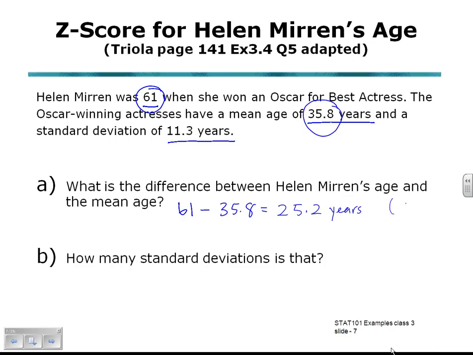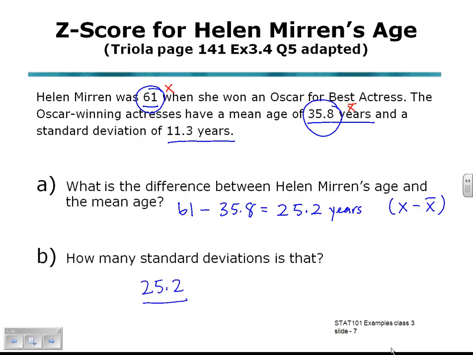This can be written as X minus X bar. We've taken our observation of Helen Mirren's age, X, and subtracted the sample mean from it. In B, how many standard deviations is that? If we take this value and divide it by S, our sample standard deviation, that will give us a measure of the number of standard deviations it is.